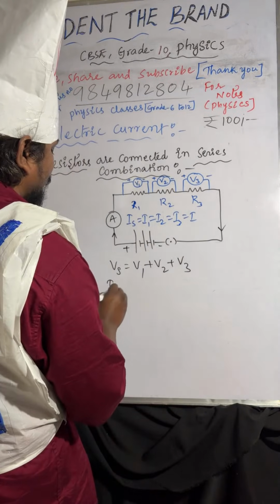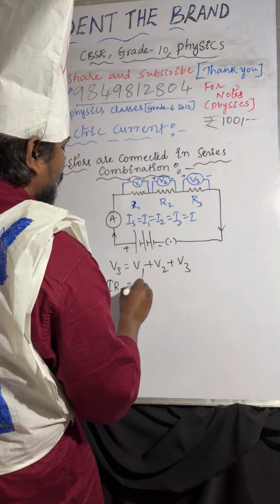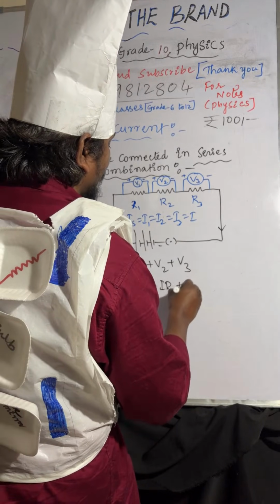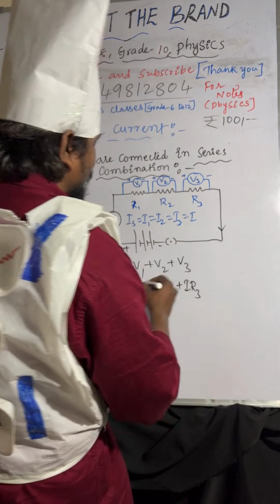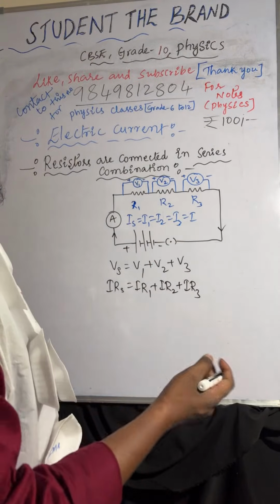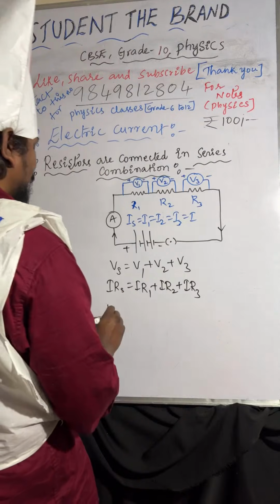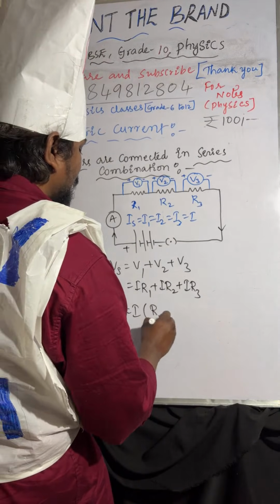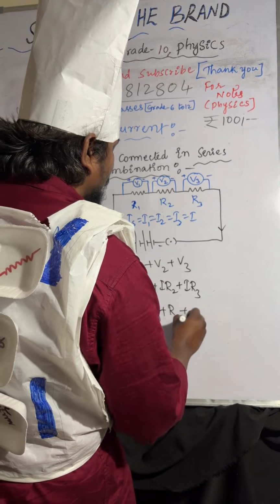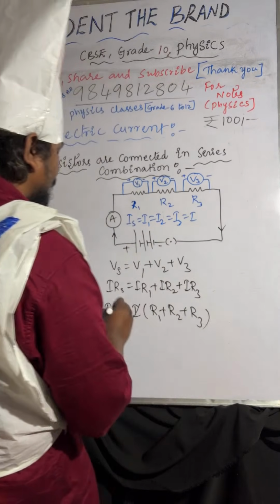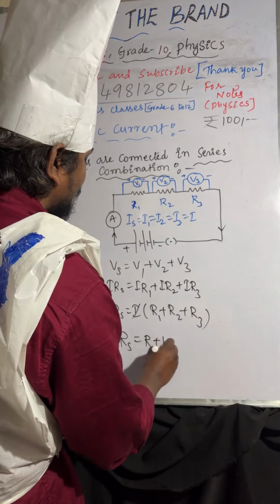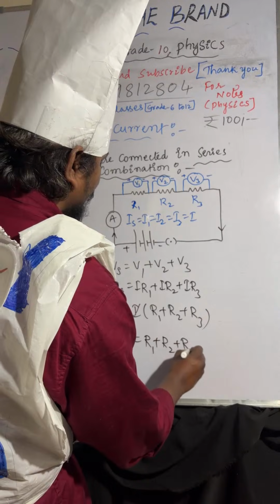So IRS equal to IR1 plus IR2 plus IR3. Taking I common, I get cancelled. Then RS equal to R1 plus R2 plus R3.